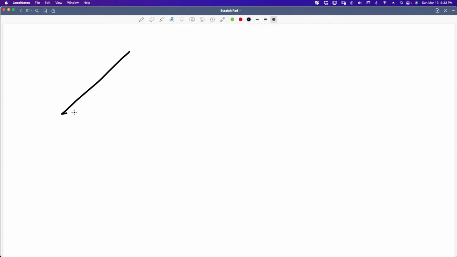So here is my parallelogram. Let me adjust it just a little bit. It's not quite parallel. There we go. That's pretty close. So just give me a little margin of error.